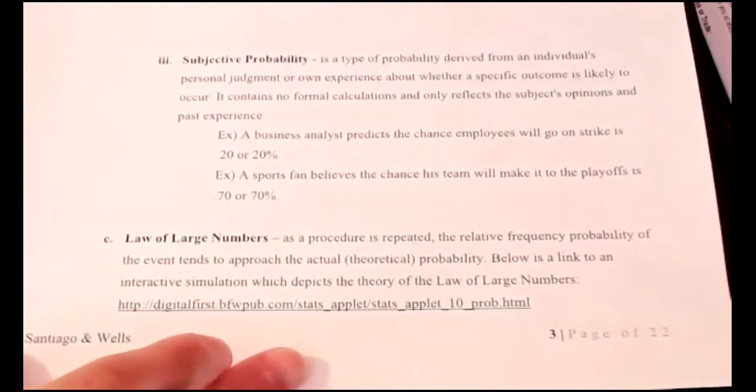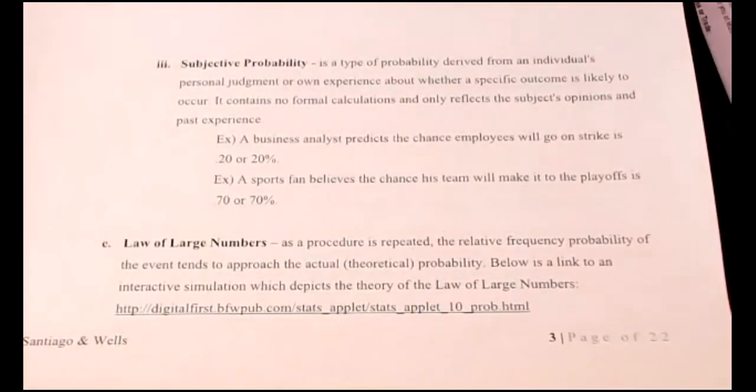We have something called the law of large numbers. Very simply put, what this is saying is that if you were to conduct an experiment, right? Let's say you were taking a coin and you just kept flipping it and flipping it. Chances are, if you only flipped it like 20 times, you may not have equal parts heads up, tails up.